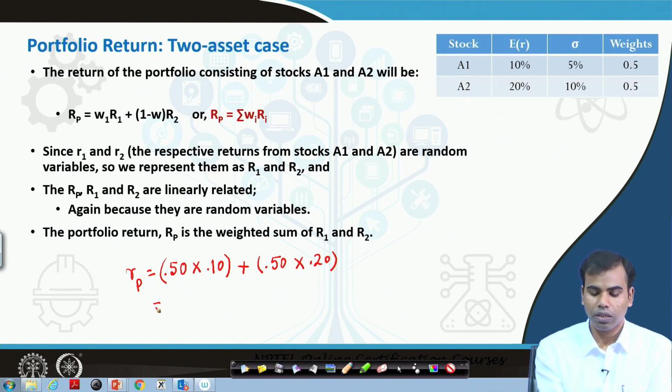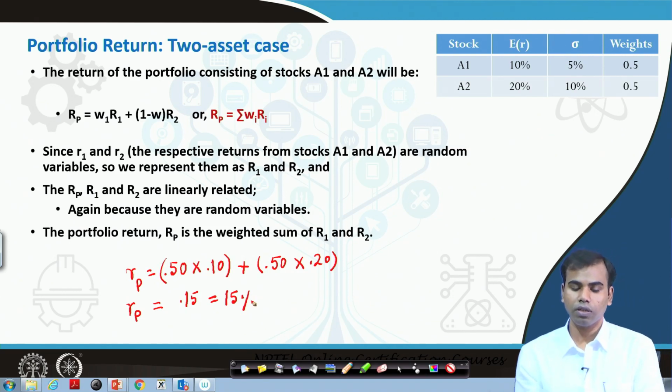So, we know that the rate of return on the portfolio for these two assets would be 15%. This is the rate of return that we can calculate using the numbers given in the example.